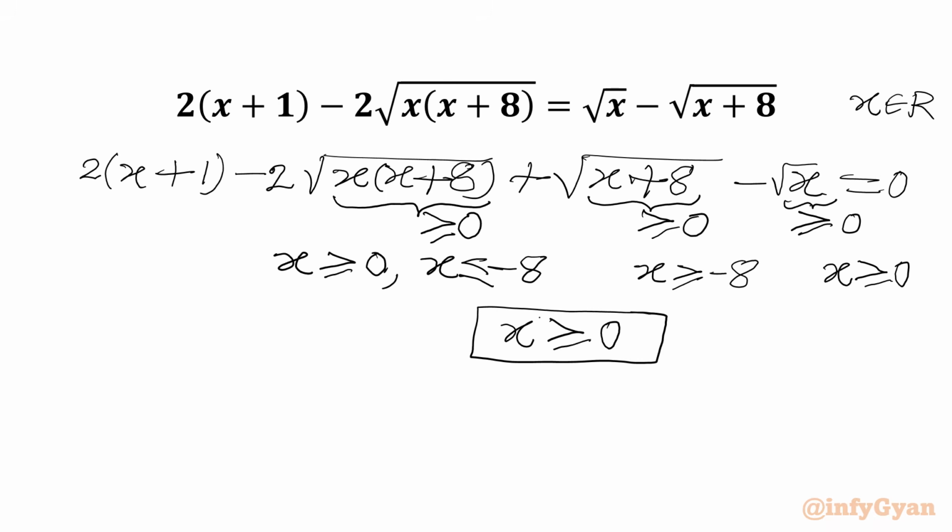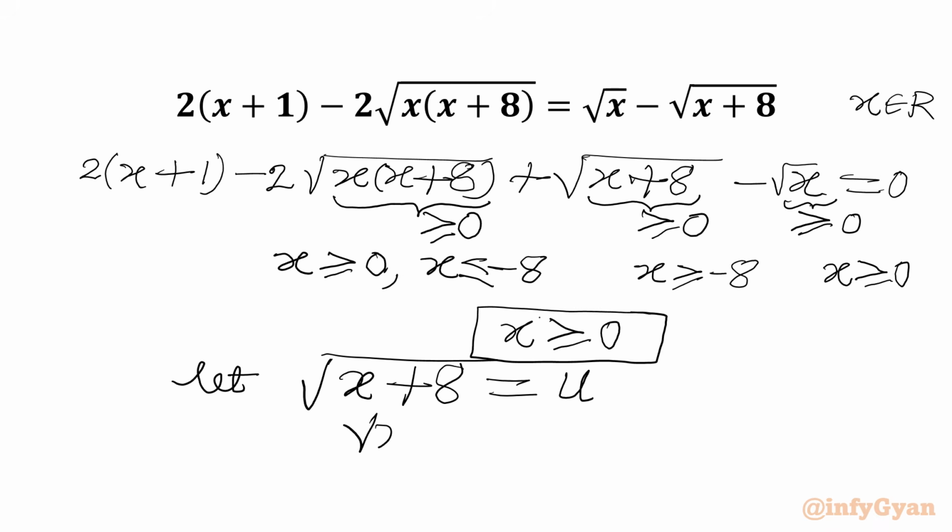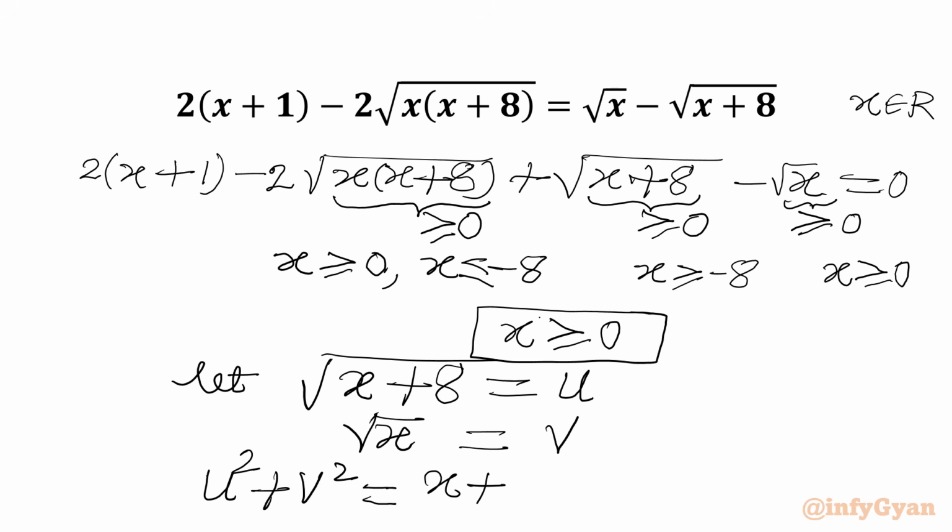Now we'll be using substitutions. Let's say square root of (x plus 8) is equal to u and square root of x is equal to v. So we'll write here u square plus v square, which will be equal to x plus 8 plus x, equal to 2x plus 8, and 8 can be written as 2 plus 6.